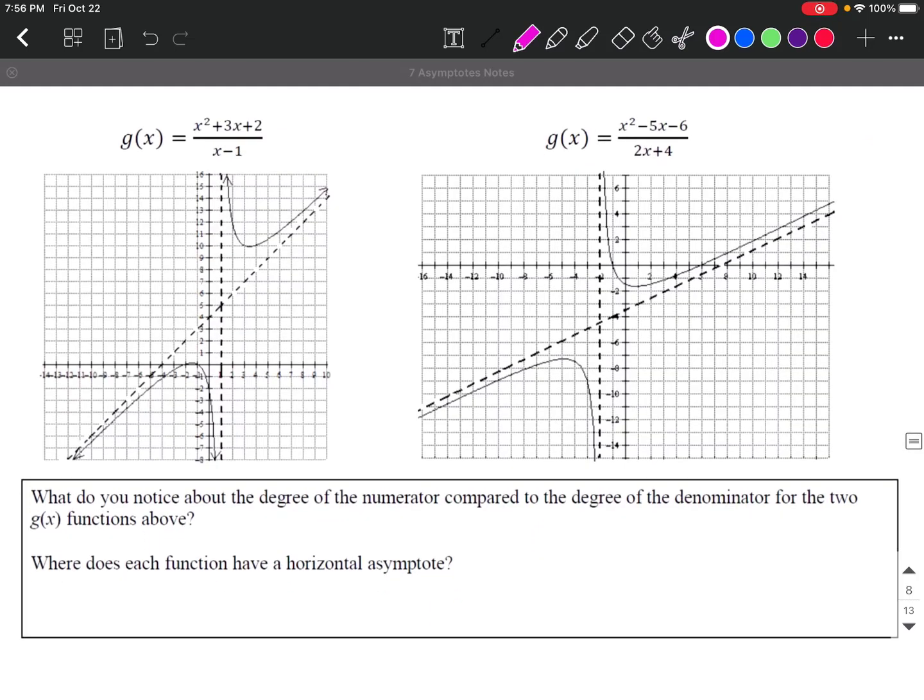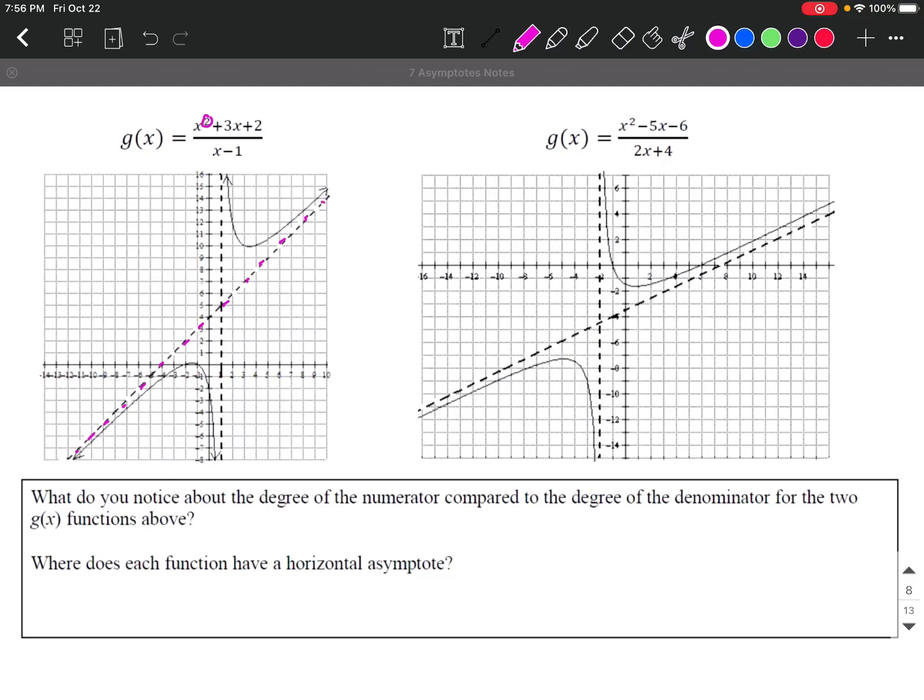Now let's look at these two functions, g of x. So here, g of x is x squared plus 3x plus 2 over x minus 1. I don't see a horizontal asymptote on this graph. I see a vertical asymptote. I even see this dotted slant line, but I do not see a horizontal asymptote.